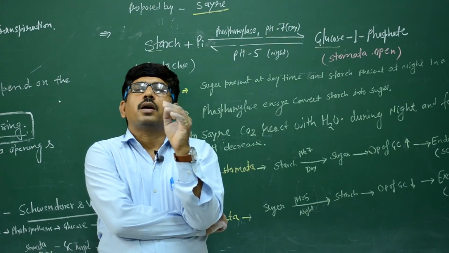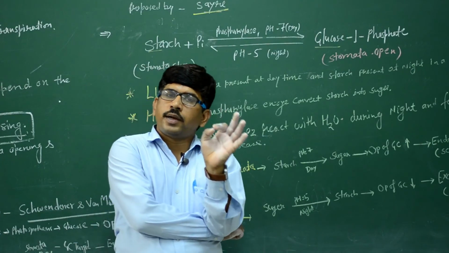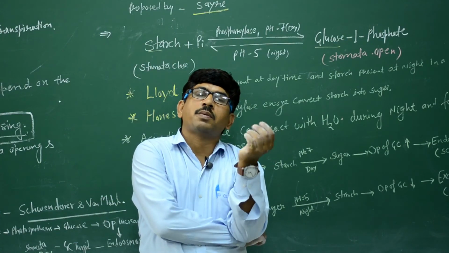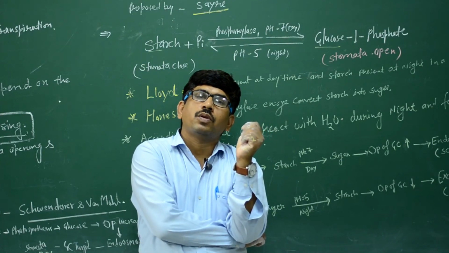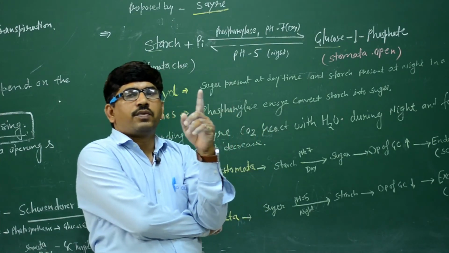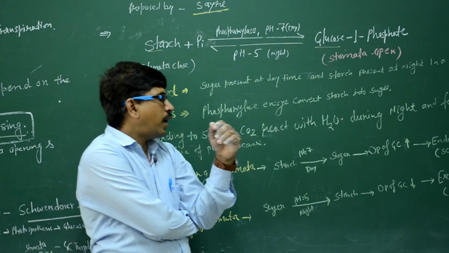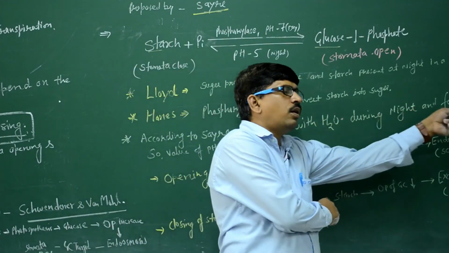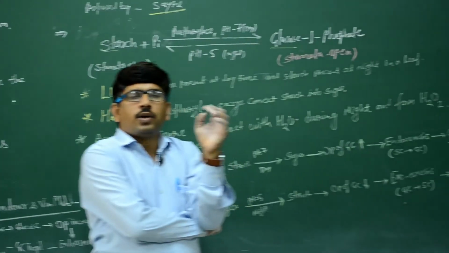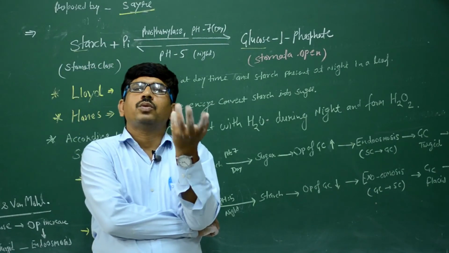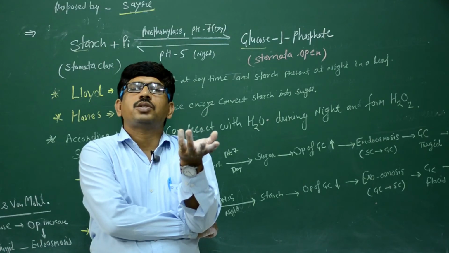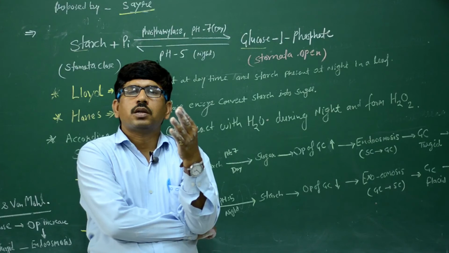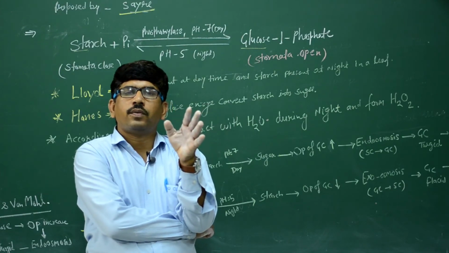Why? Photosynthesis stops at night, so the cavity contains the maximum amount of CO2, and that CO2 reacts with the H2O and makes H2O2, hydrogen peroxide, and due to the presence of H2O2 the pH क्या होगा? Decrease. It goes down to 5.